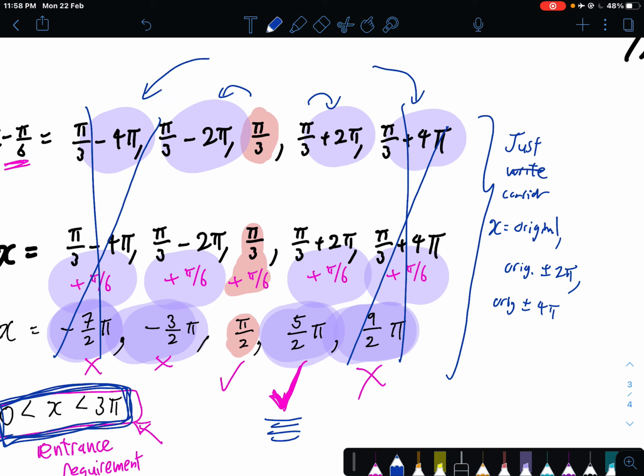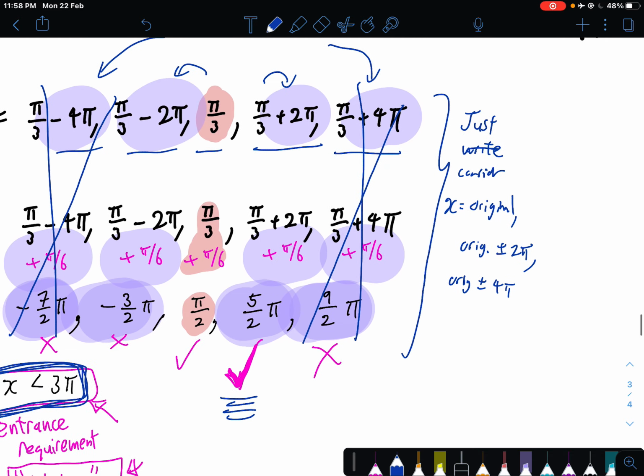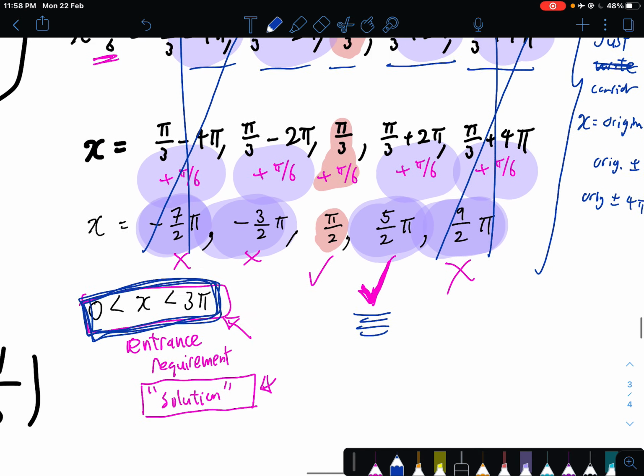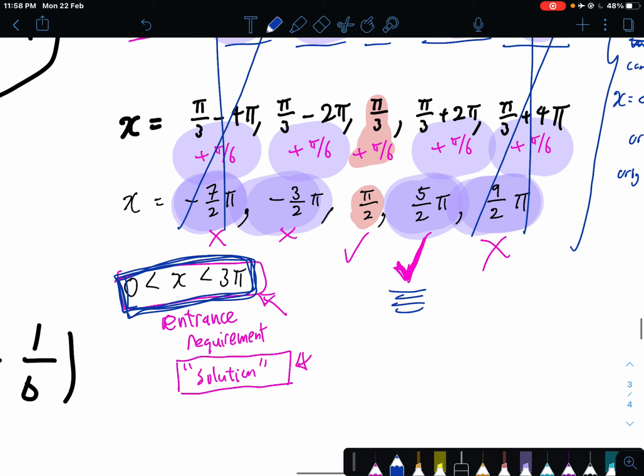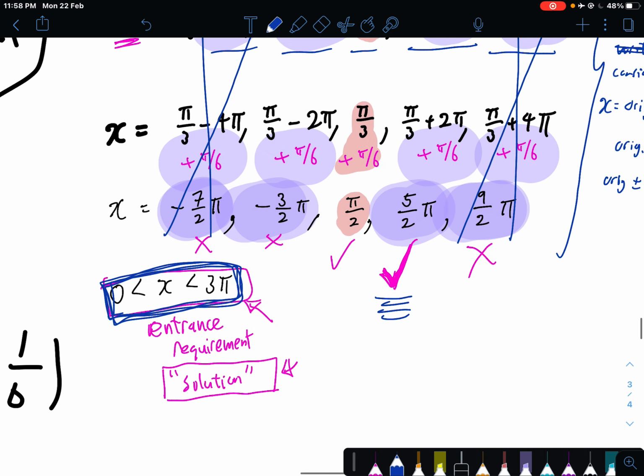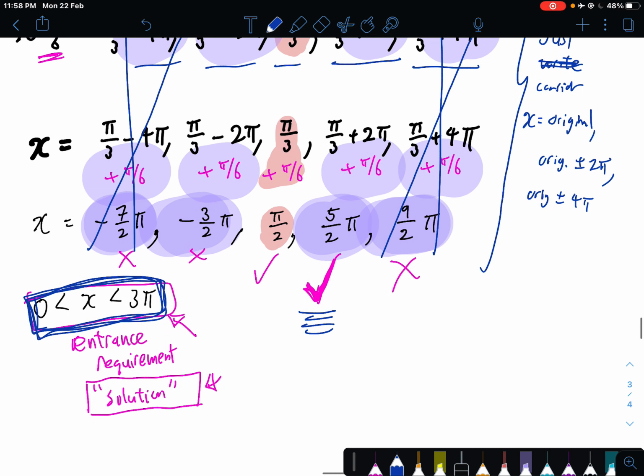So consider all these 5 possible answers when solving for x, just to be extra safe, so that you don't have to worry so much about the entrance requirement to be a solution, the range of values of x allowed, 0 to 3 pi.